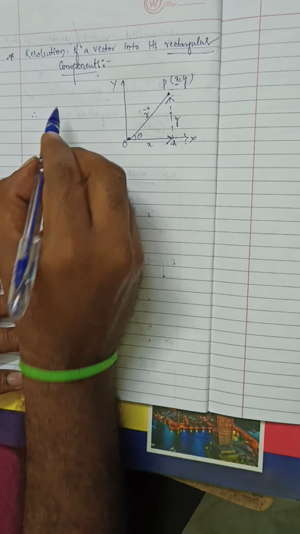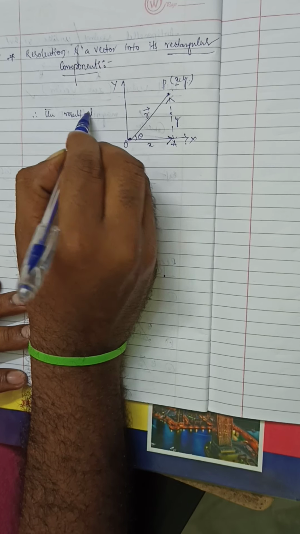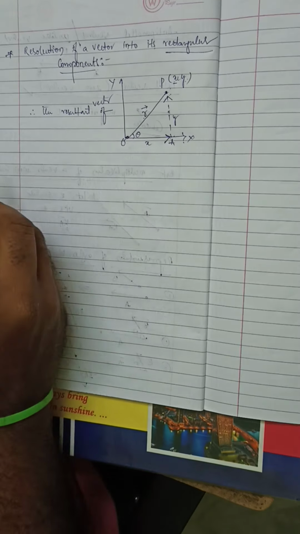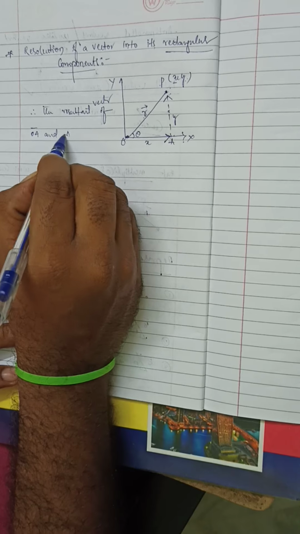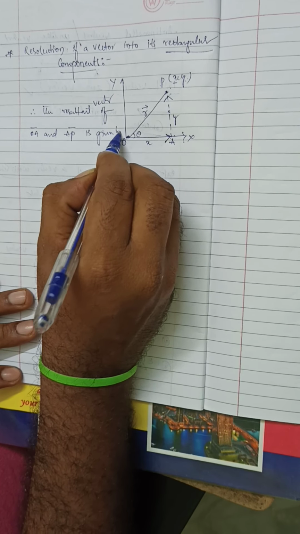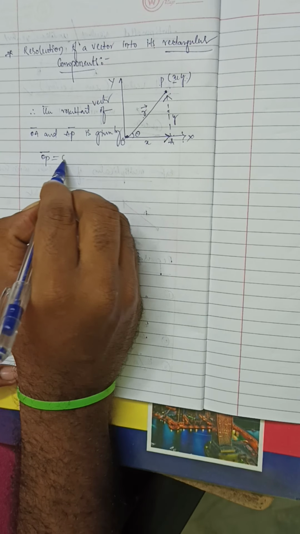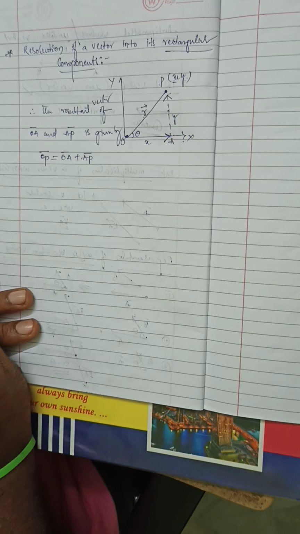Therefore the resultant vector of OA bar and AP bar is given by OP bar is equal to OA bar plus AP bar.